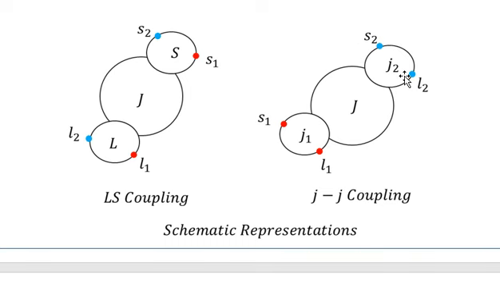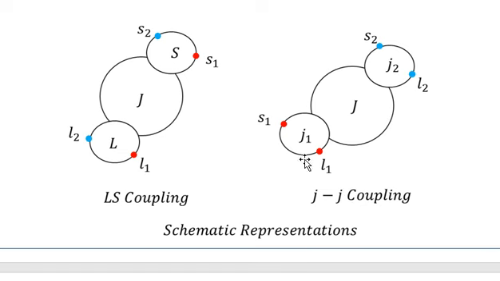So J1 corresponding to the first electron and J2 corresponding to the second electron will now combine together to give you the total value of J. This total value of J produced by the JJ coupling will be identical to that of the LS coupling. So I have given the schematic representation of both LS and JJ coupling. I hope that through this picture, it will be easy to understand what happens in the JJ coupling.